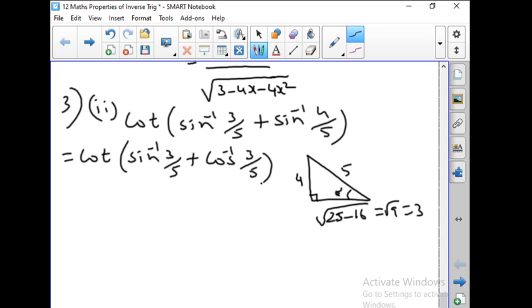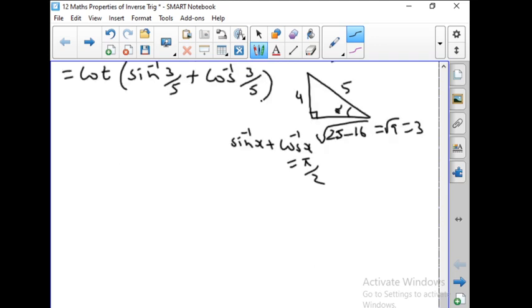Because it is in the same triangle, sine inverse of 4 by 5 can be written as cos inverse of 3 by 5. We have a property, the sixth property actually, which we will apply here; the proof we will see later. We know that sine inverse of x plus cos inverse of x is equal to pi by 2.